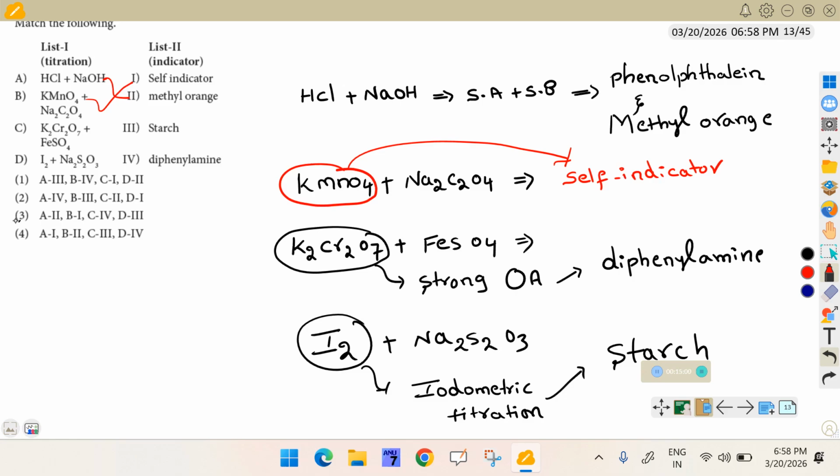A2B1, third option. K2Cr2O7 plus FeSO4: K2Cr2O7 is a strong oxidizing agent, so diphenylamine is used as an indicator. Iodine reactions are considered iodometric reactions. In iodometric reactions, starch is used as an indicator.